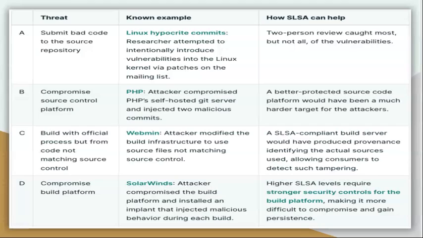Now, next is the compromised build platform. This is with SolarWinds. Attackers compromised the build platform and implanted malicious behavior during each build. They hijacked the entire build platform, and they were able to install, implant and inject this malicious code for each and every subsequent build.